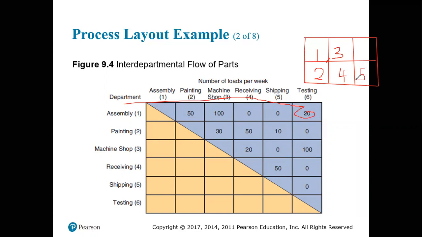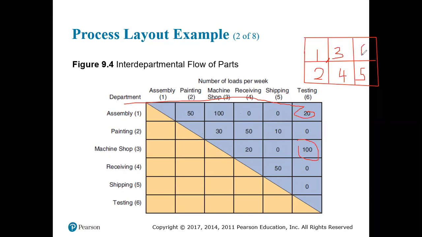Okay. The overall objective is that the amount of product moving between the different departments is minimized. Okay. So we are not covering a whole bunch of distances here. And then we could look at the machine shop. Now, once I get to 3 here, 3 has the most amount of material going to testing.